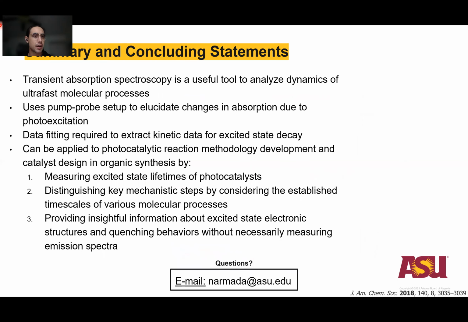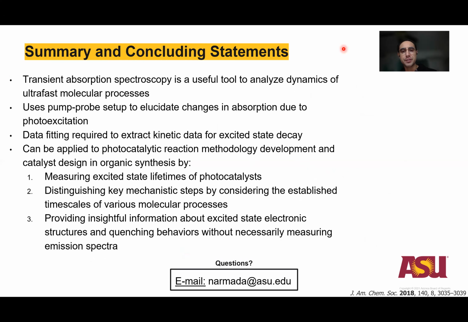So to summarize and conclude, transient absorption spectroscopy is a useful tool to analyze dynamics of ultrafast molecular processes. It uses a pump probe setup to elucidate changes in absorption due to photoexcitation. Data fitting is required to extract kinetic data for excited state decay.